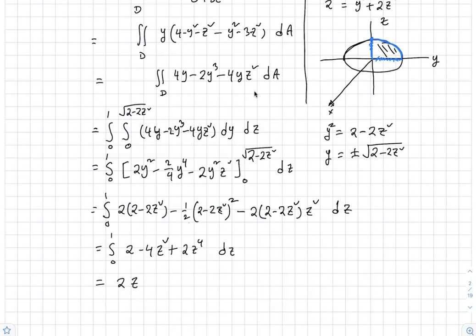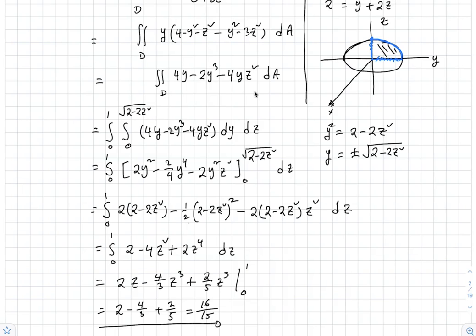2z minus 4 over 3 z cube plus 2 over 5 z to the power 5, and evaluate it from 0 to 1. And that is, set z equal to 1, such that if I add them together, 16 over 15.